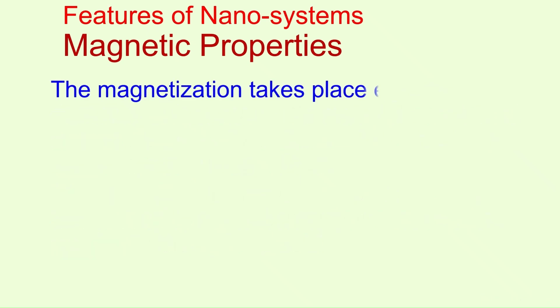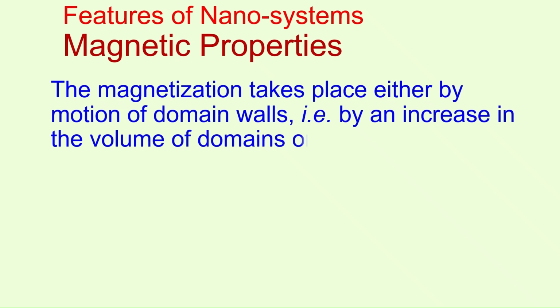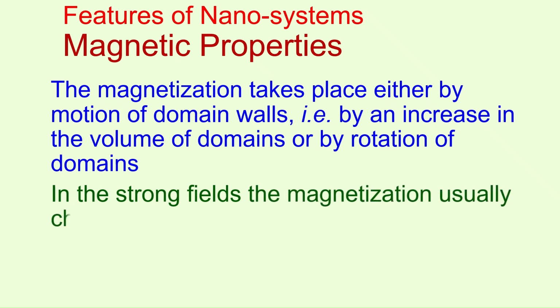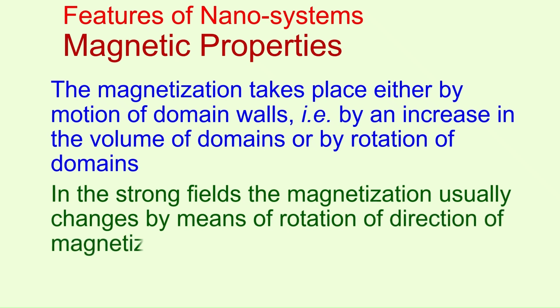The magnetization takes place either by motion of domain walls, that is, by an increase in the volume of domains, or by rotation of domains. In strong fields, the magnetization usually changes by means of rotation of the direction of magnetization.